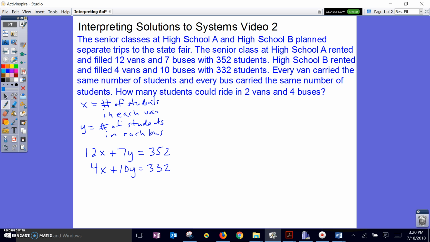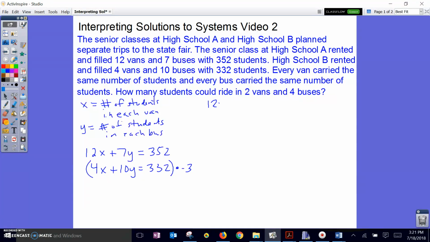I want to set this up so that I've got coefficients that are opposites of one another, either the x coefficients or the y coefficients. Studying the coefficients, I think the easiest way is to multiply this whole bottom equation times -3, since that's going to make the x coefficients opposites, and then I don't have to multiply the first equation by anything.